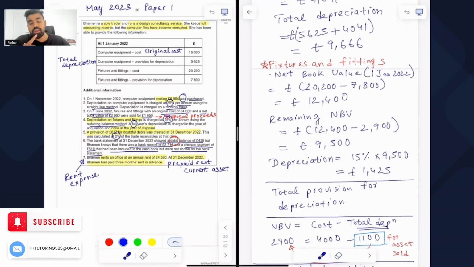Then you can calculate the depreciation expense for the year ending 31 December 2022 by simply taking the percentage that we have been provided in the question, which is 15, as you can see here, and multiplying it with the remaining net book value of 9,500, and we get the depreciation expense of 1,425 pounds for fixtures and fittings for the year ending 31 December 2022.